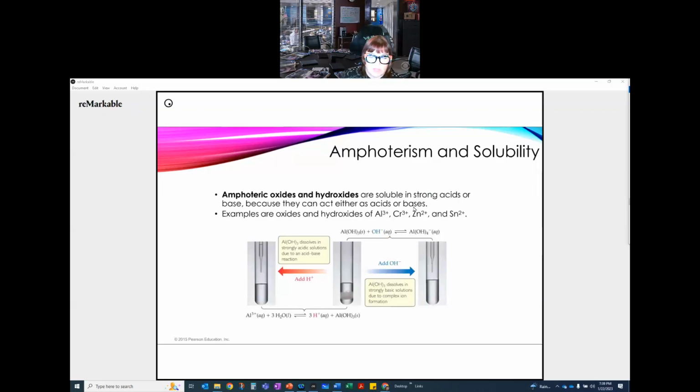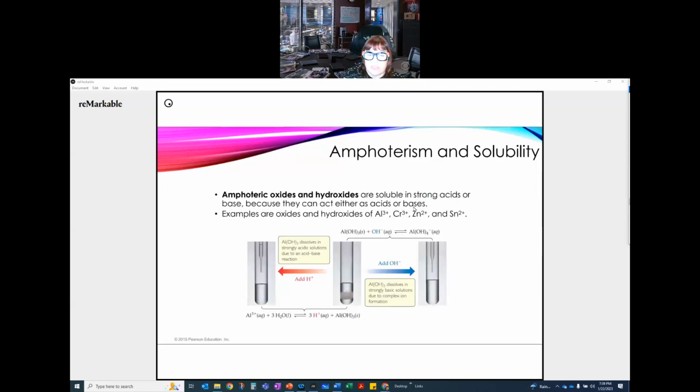If I add additional hydroxide to that, I then form a complex where instead of being Al(OH)3, I'm Al(OH)4 minus. And that is soluble. So that drives that solubility forward, right? Because the hydroxide pushes that towards that product, and that Al(OH)4 minus is soluble.